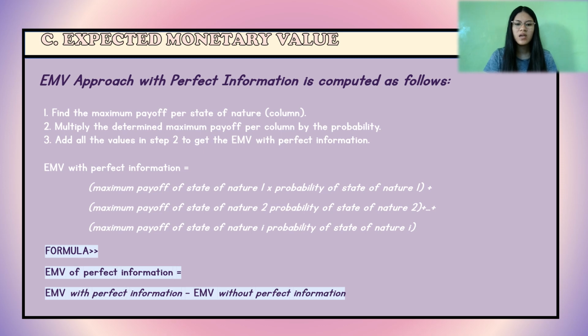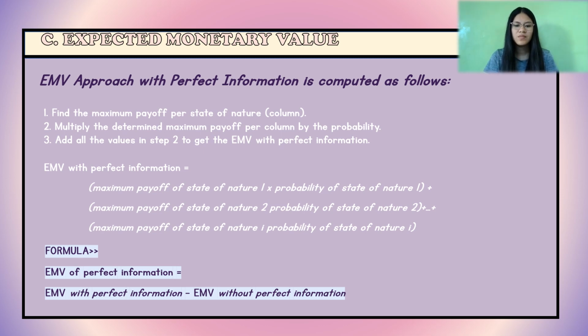Expected monetary value with perfect information is equal to the maximum payoff of state of nature 1 times probability of state of nature 1, plus the maximum payoff of state of nature 2 times probability of state of nature 2, plus the maximum payoff of the last state of nature times its probability.